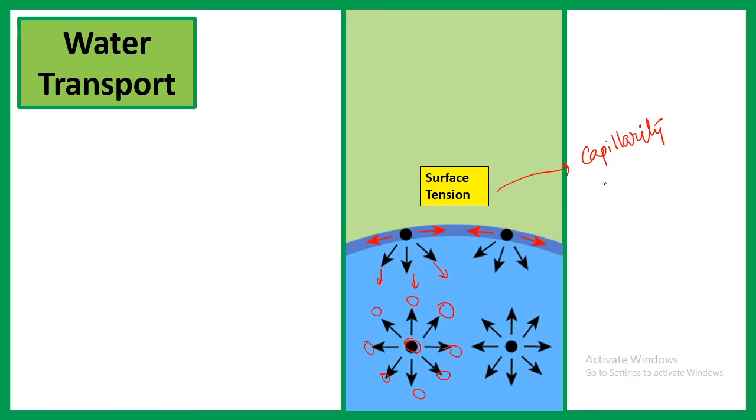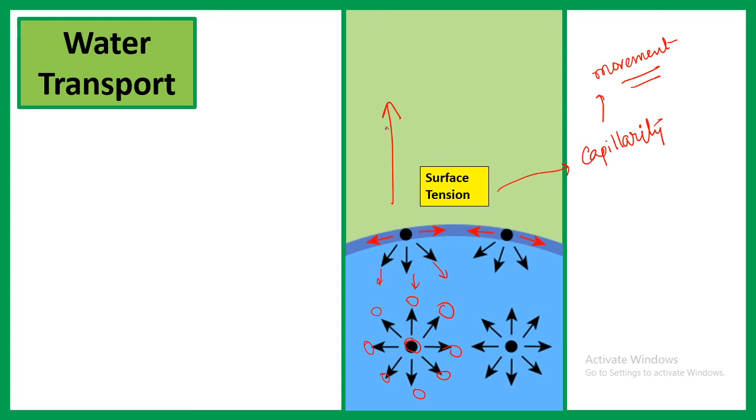Capillarity helps in movement of water through narrow channels. So this capillarity will aid the movement of water up. This is one part of the transpirational pull, right? The capillarity will pull the water as a column upward.